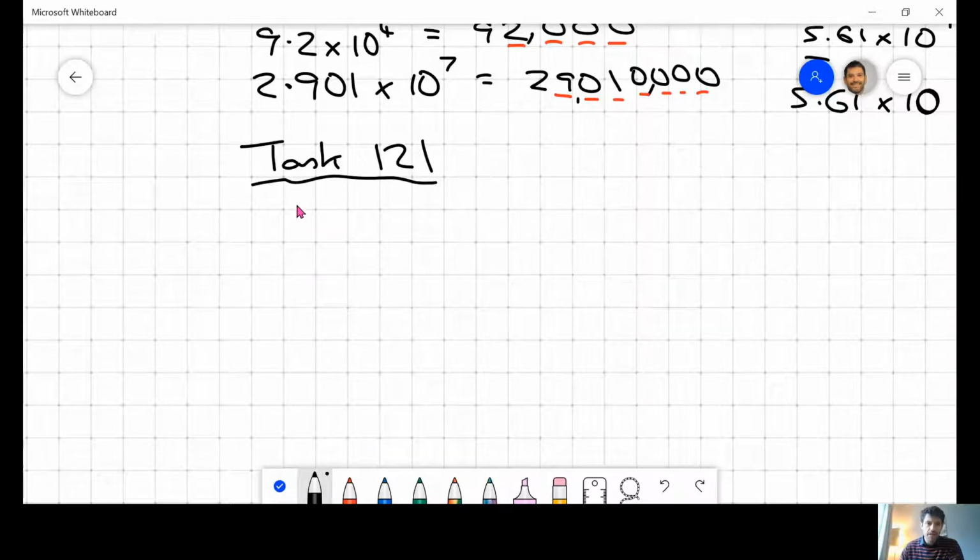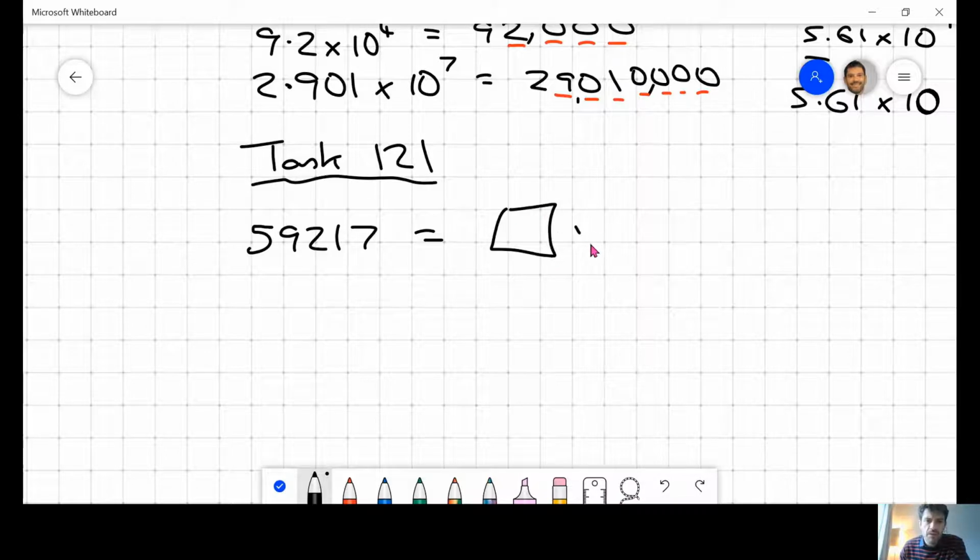Okay, for the next task, I think you can probably already do it, but we are still converting from ordinary numbers, we call it, into standard form. I think you'll be hopefully quite confident at a number bigger than 0, 59217 equals something times 10 to the something. Always, this is the standard format. It is a standard format and it's always going to be the same. Digit point something times 10 to the whatever.